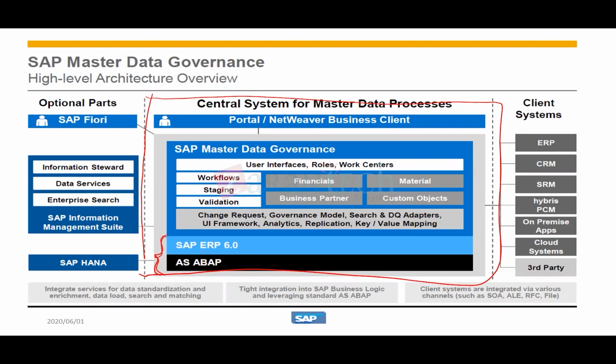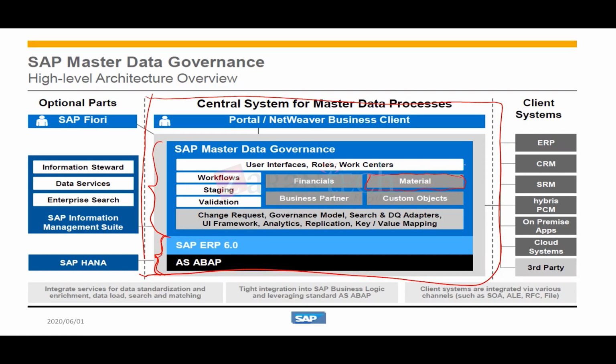Now if you look at this top portion, these are the features or inbuilt components of your MDG. You can see there are 4 gray color boxes. This represents the staging area of material master.